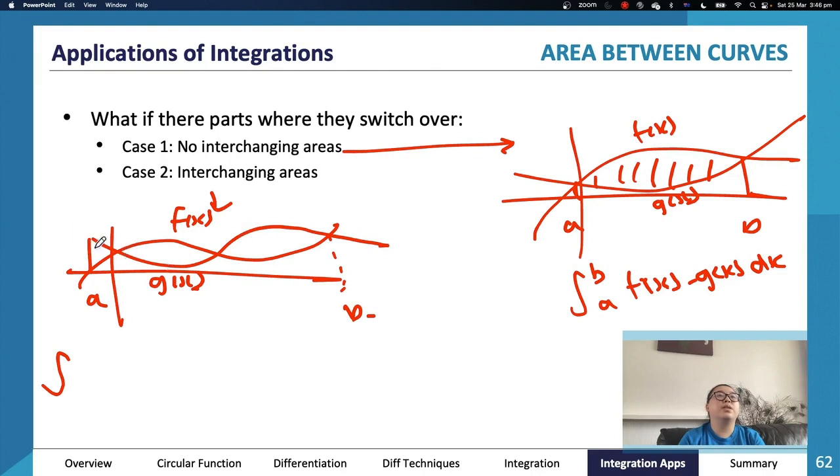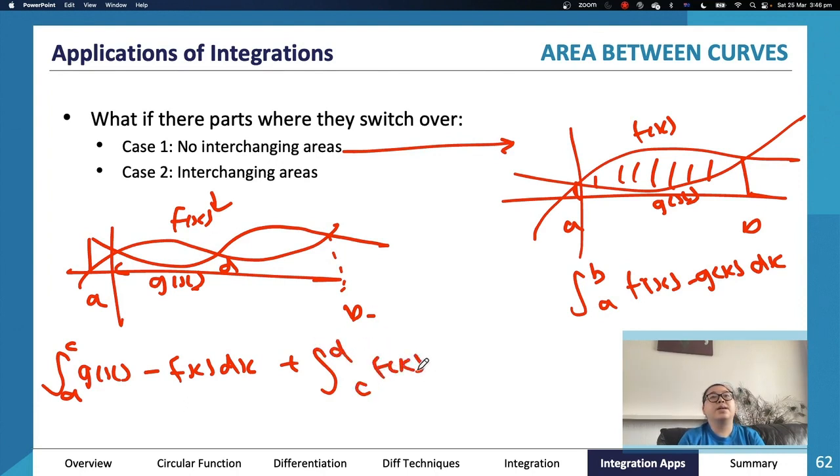In the first section, g of x is at the top, so g of x minus f of x, and let's name these points C, D. So it'll be the integral of g of x minus f of x dx from C to A, and then we'll add our next one, from D to C, with f of x minus g of x, and then we'll add our last one, from B to D, where g of x is once again at the top, so g of x minus f of x dx.